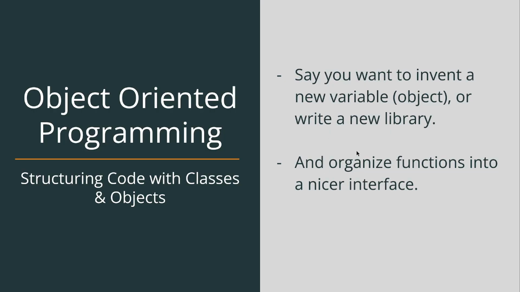So it's good for organizing. Basically, you would invent some sort of class, and then that class would contain functions that work on that class. So that's pretty much what we're talking about today. Pretty much organizing functions into a nicer interface. Let's give a more concrete example of what object-oriented programming looks like.